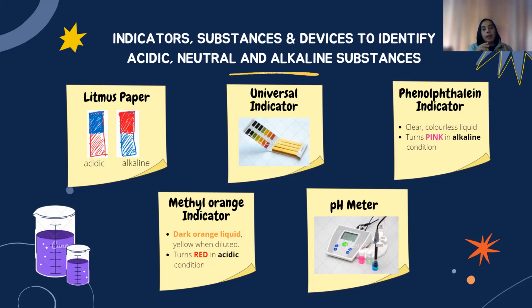But it will remain yellow or dark orange if it is in neutral or alkaline condition. And the fifth one we have is the pH meter, which is an electronic device that automatically determines the pH value of a substance.